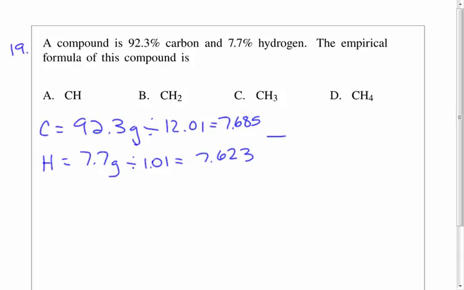And we'll divide by whichever is smallest. So these are very, very close, but the smaller one is the value there for hydrogen. So we'll divide by the 7.623. So that one will be 1. And the top one, when you divide it, is also very, very close to 1. So our empirical formula is CH.